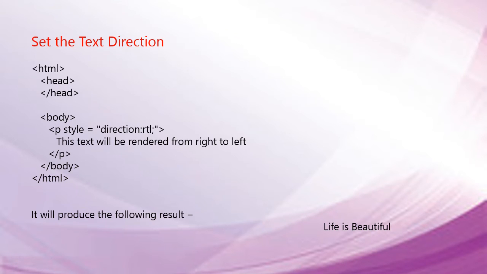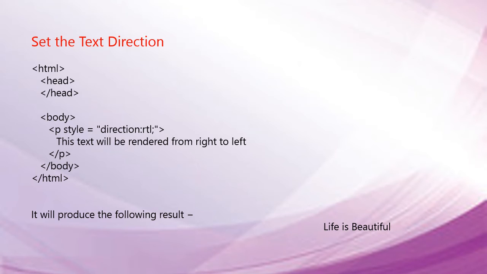Here is one example that will demonstrate how to set the direction of a text. Possible values are LTR or RTL, meaning left to right or right to left. So consider this example. Here we have given P style is equal to direction colon RTL, which means it will produce the output from right to left.